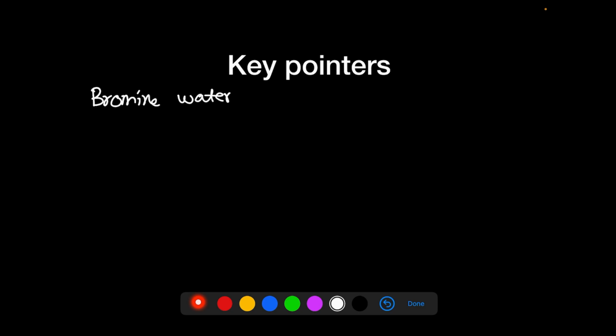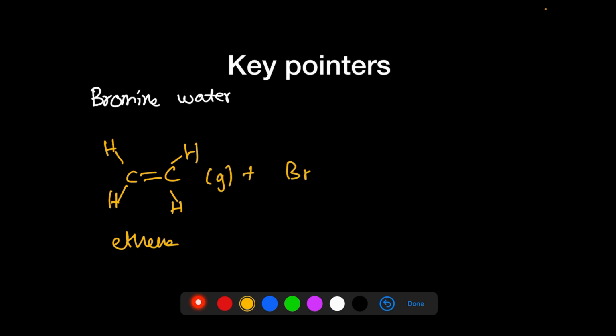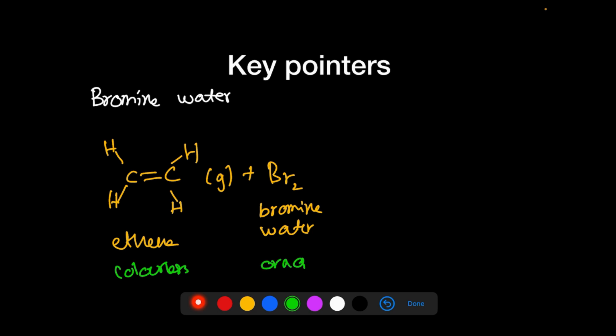So we have our ethene, which is a gas, plus bromine water, that is Br2. Note that ethene is colorless and bromine water is orange.